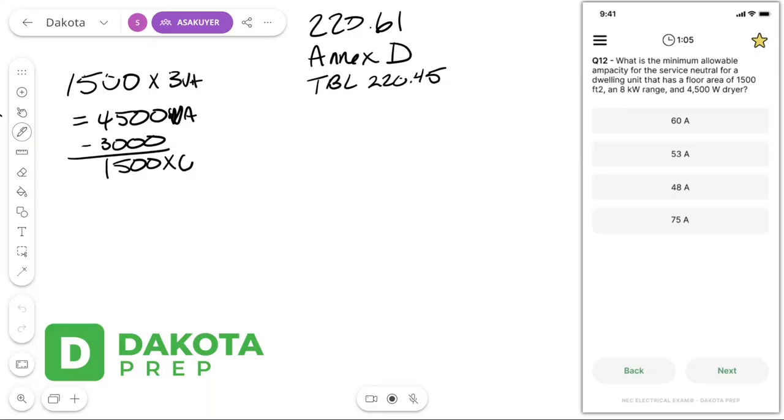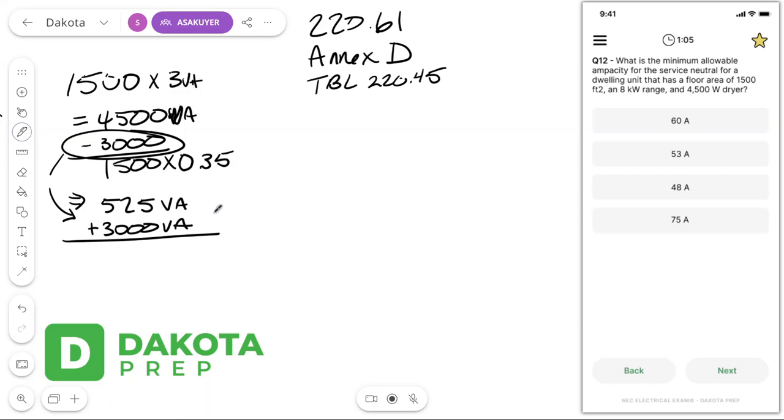We multiply that by 35% for the remainder, and we're left with 525 volt amps. Okay, but we remember this first 3,000 has to be added back in, right? That has to be applied at 100%. So far we've got 3,525 volt amps for our general lighting.